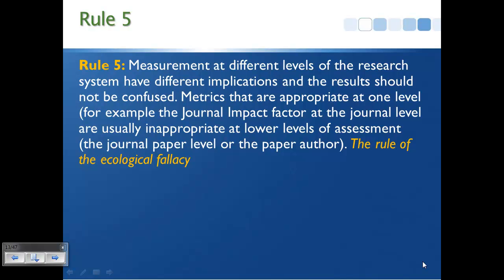And therefore, the journal impact factor now averages out, and you get the average for the journal. The journal impact factor lies at the level of the journal. You cannot conclude anything, really anything, unless you look at the distribution of the individual citations, the individual citation profiles of the individual articles.